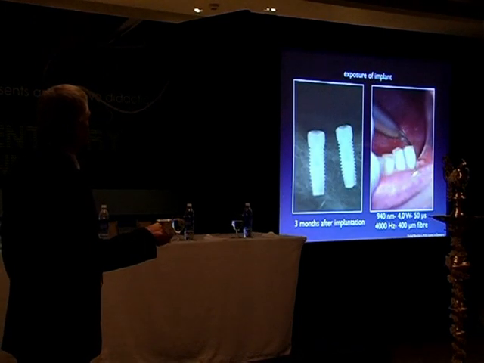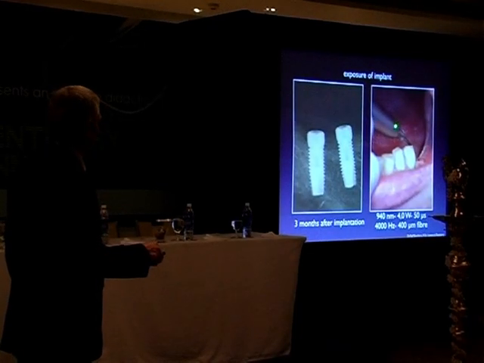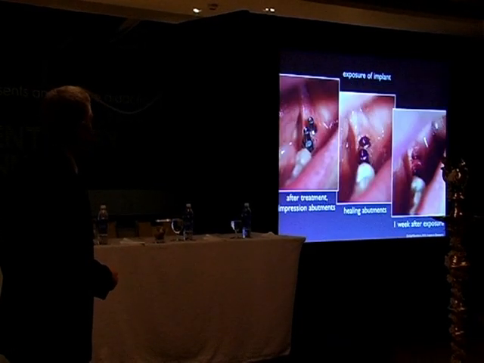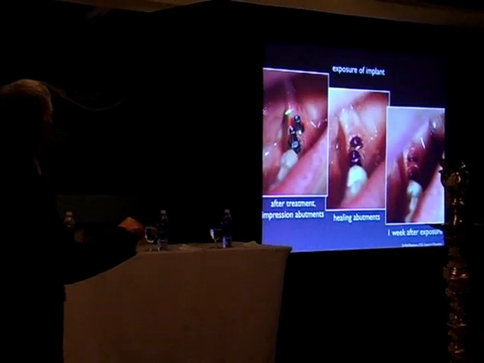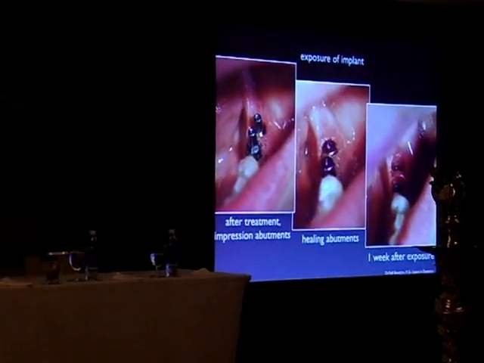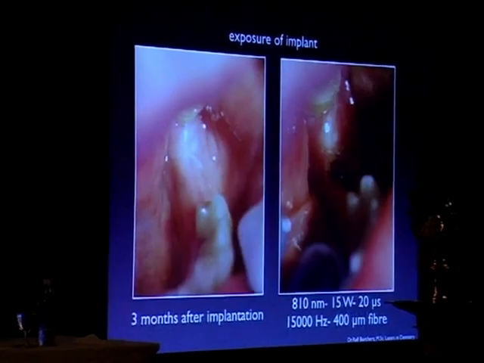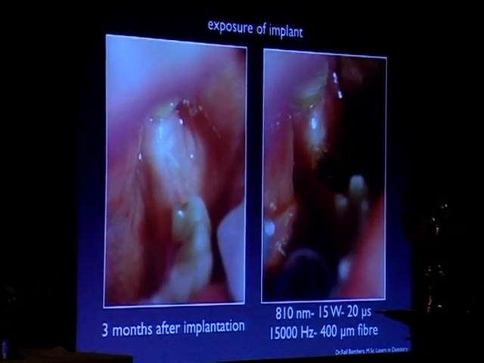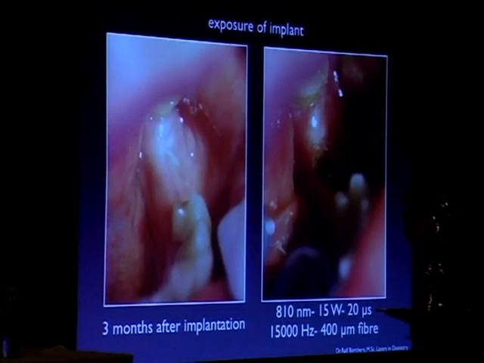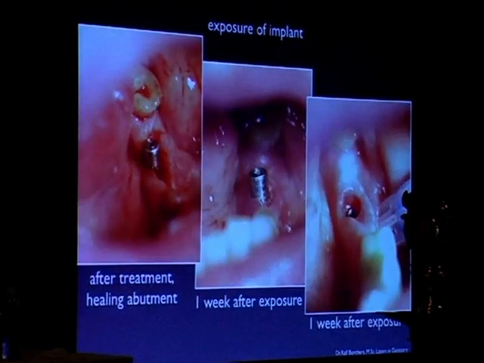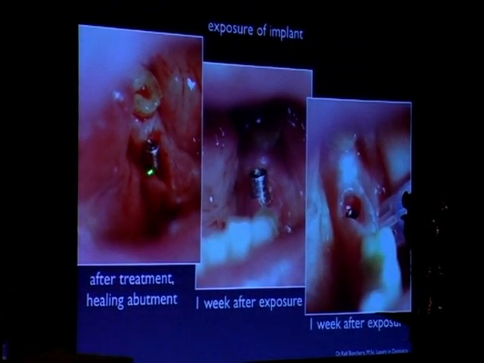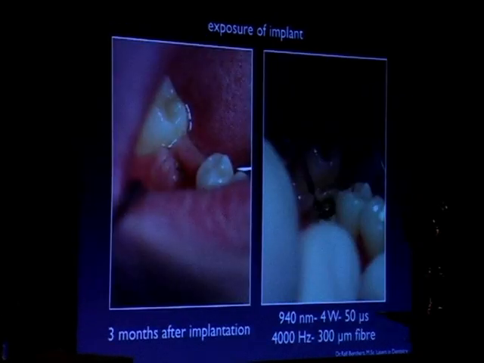And this is an exposure of implants with 940 diode laser. This is directly after treatment with impression abutments, with healing abutments, and 1 week after exposure. Next case, done with the diode laser 810 with 15 watts. After treatment with healing abutment, 1 week after exposure.